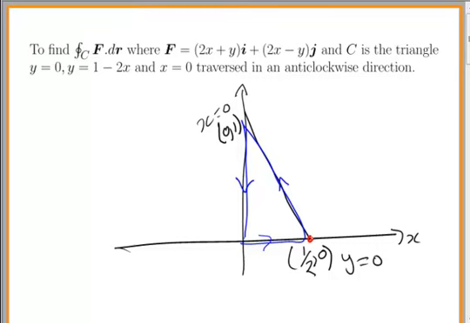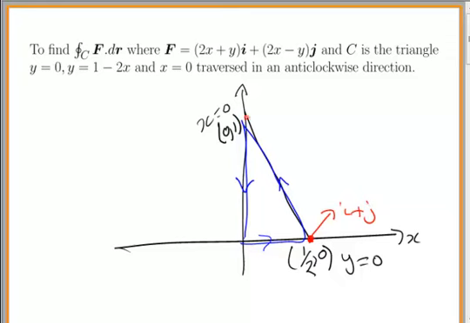So let's take the point here at (1/2, 0). At that point the i component would be 2 times a half, which is 1, and the j component would also be 2 times a half, which is 1. So the vector would be i plus j, or (1, 1), if you prefer to think of it like that.